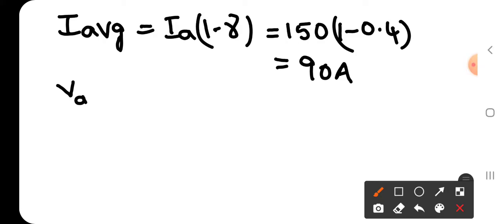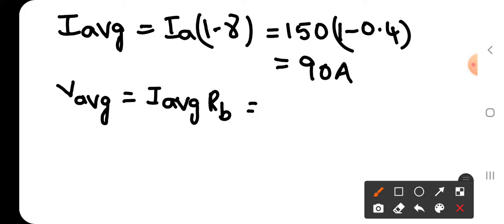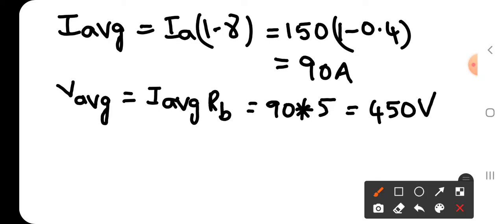V average is equal to I average into RB. So 90 into, what is RB? 5. Hence it is 450 volts.